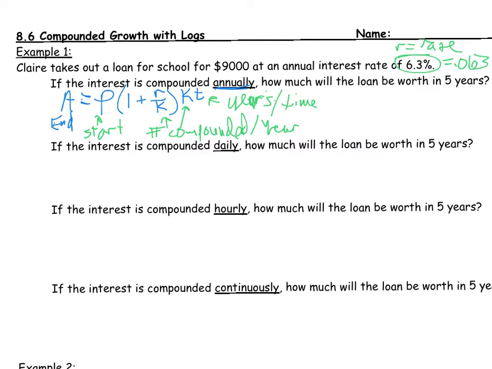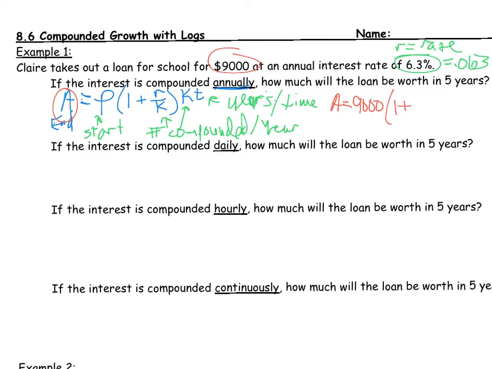So we're going to plug in what we have here and come up with our end amount, how much she's going to owe after so many years. So A, which we're trying to find, is equal to the principal, which is what you start out with, 9,000, times 1 plus my rate.